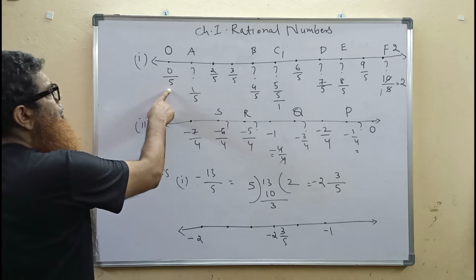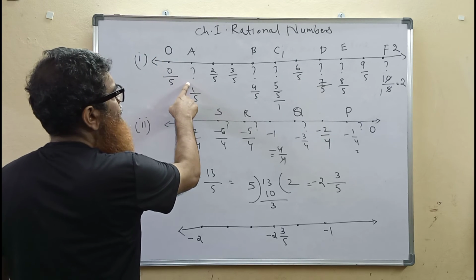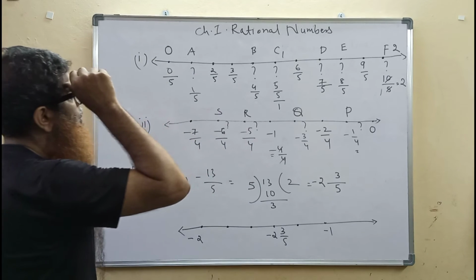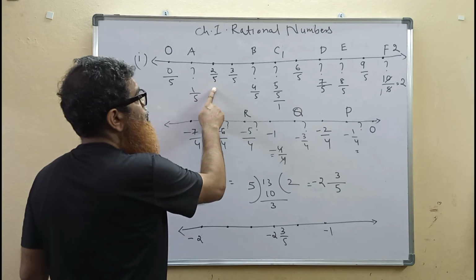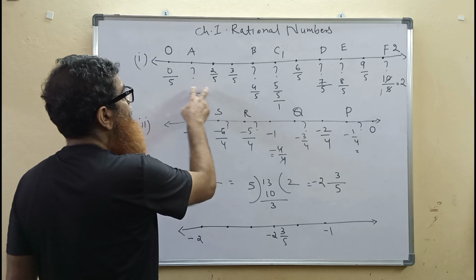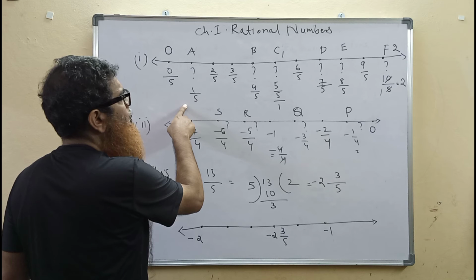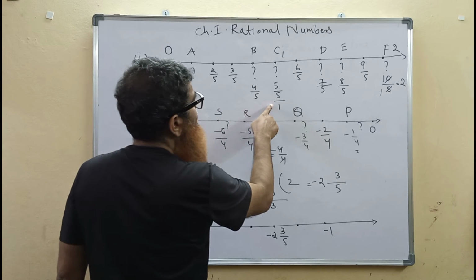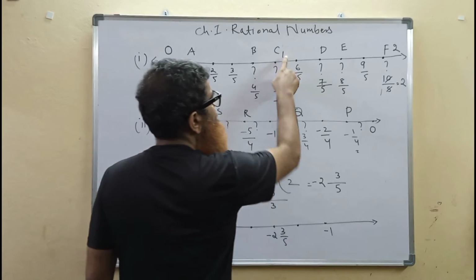We started with 0 by 5, that is nothing but 0, and we were to find out A, B, C, D, E, and F, 6 points on the number line. After 0 by 5, it was given 2 by 5 and 3 by 5. So in between there should be 1 by 5, that is A. Then we have 4 by 5 B. Then we have 5 by 5 C. 5 by 5 is equal to 1, which we marked here.